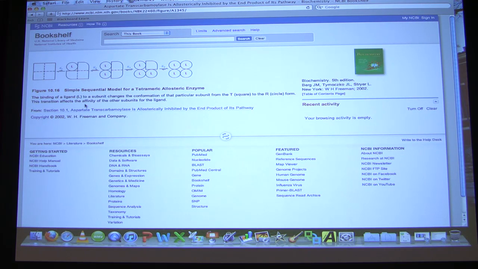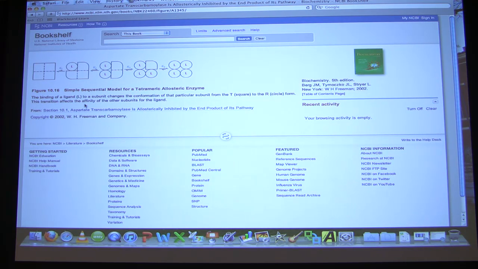Yes, sir? Would the state change be spontaneous of itself, or would it result from a reaction of something other than the independent substrate? Good question. So his question is, is the change R to T completely independent of everything else? And the answer is yes, it is. And we will see preferences for one versus the other. I told you that when we started studying ATCase, we didn't even really know the R state existed until we locked it with PALA, right?